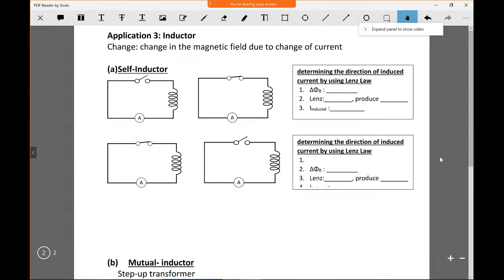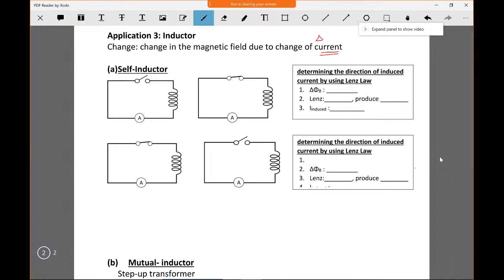So back to the notes. Looking at the third application, the inductor. For an inductor, the factor that causes the change in the flux is the change in current.